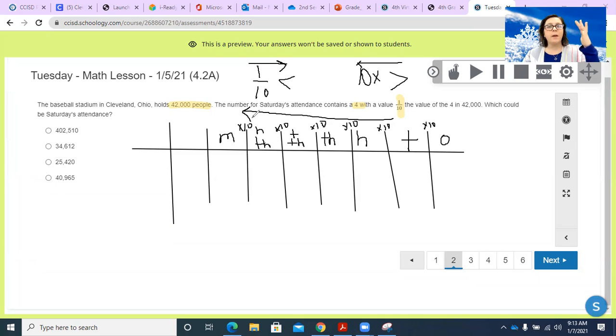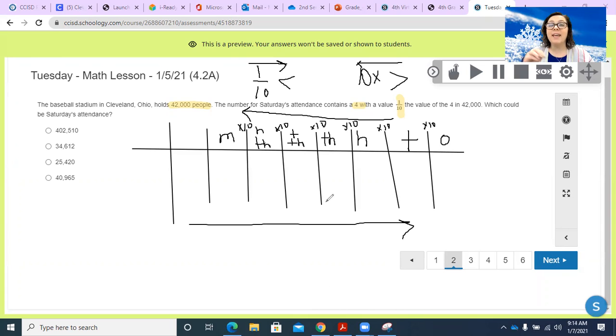So every time I move one place to the left on my place value chart, I'm getting bigger, times 10. When I move to the right on my place value chart, I'm getting smaller.